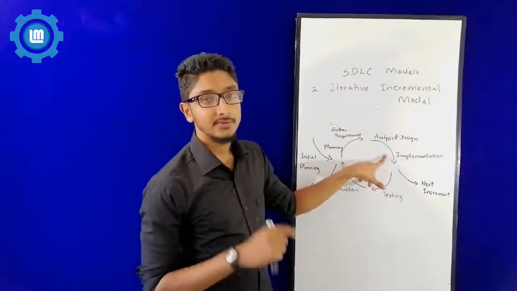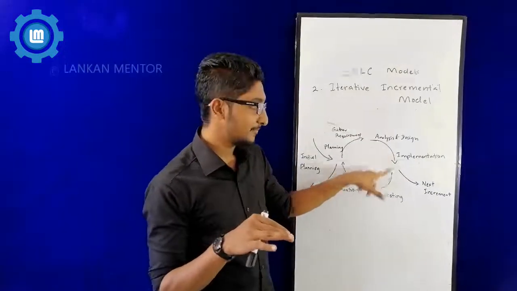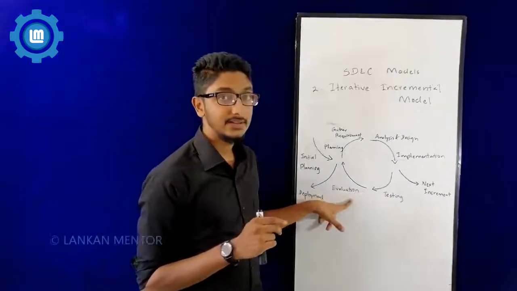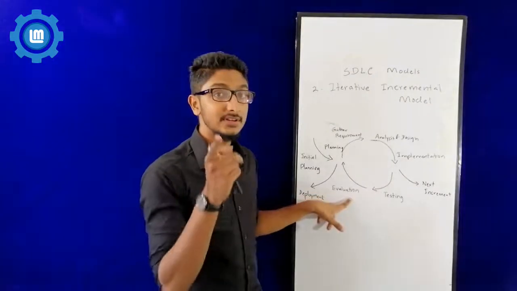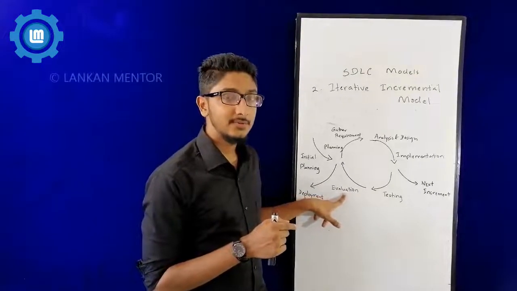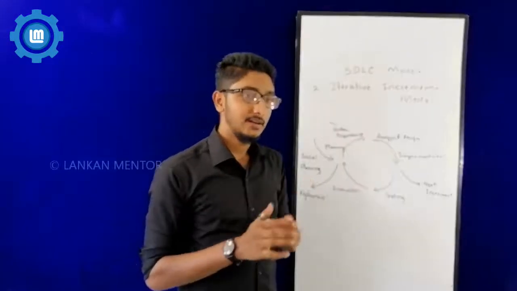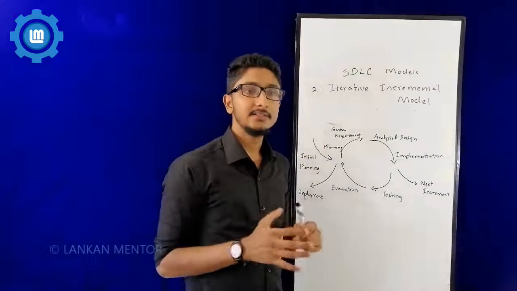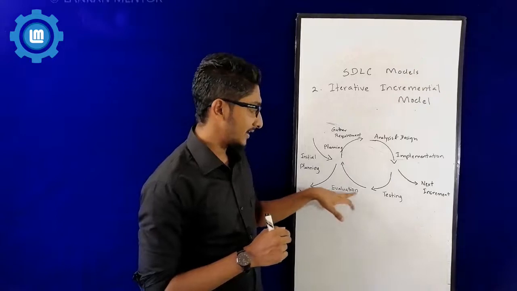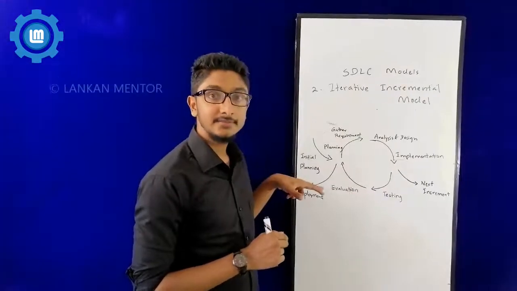After that, you implement it, code the system, and then you test it. And evaluation, it is evaluation over here, not evolution. In your book, it is evolution. It should be evaluation. Evaluation means learning, studying that particular process, right? Evaluating it, and then you deploy it, right?